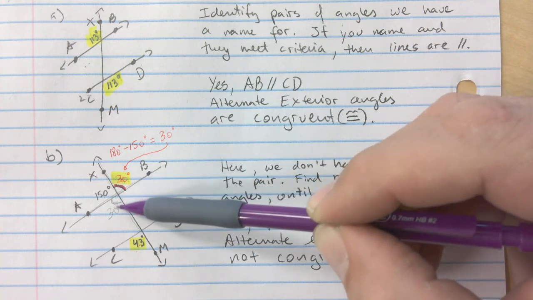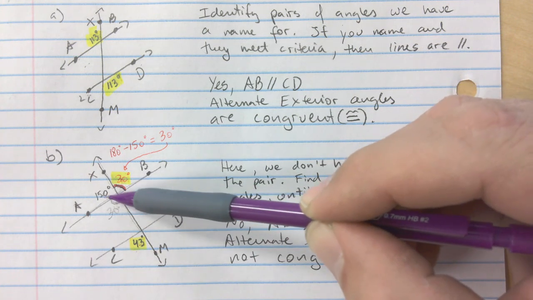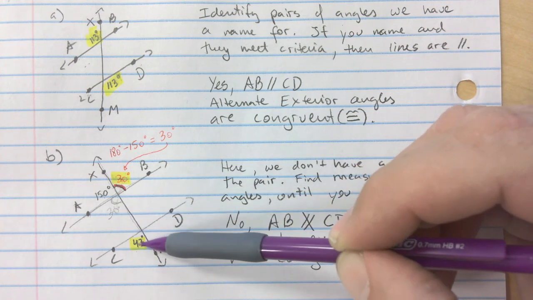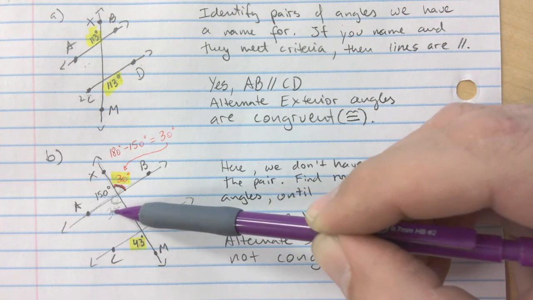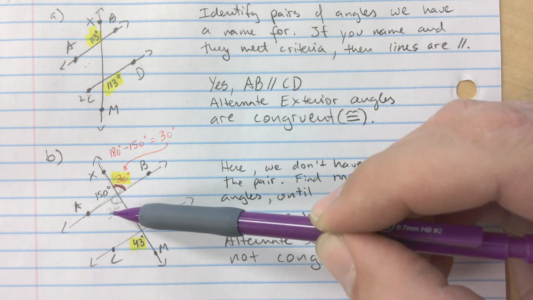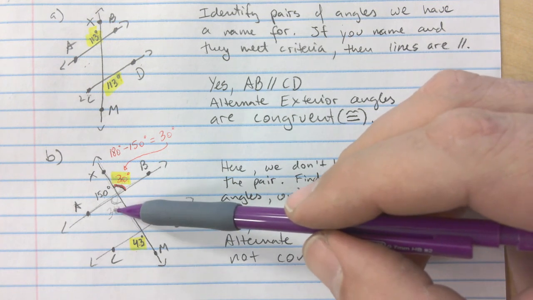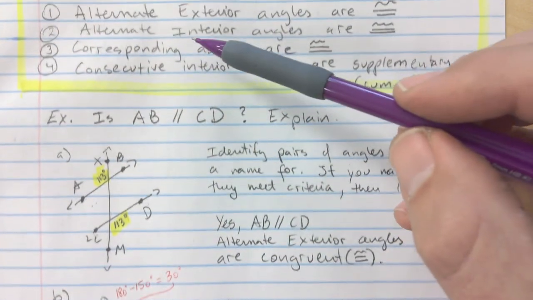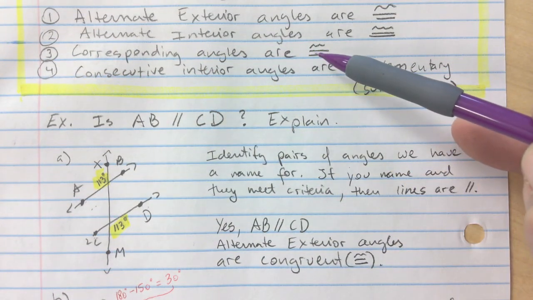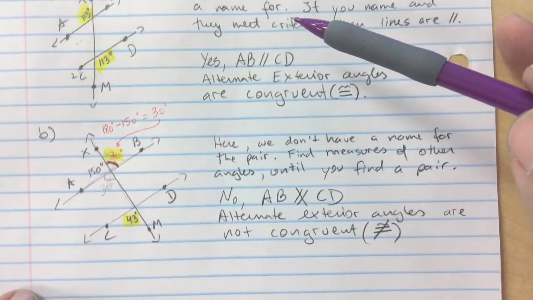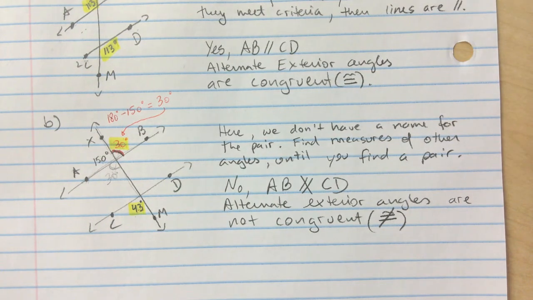So you could have used that property. But what do we call these two here? This is the complicated one that I gave you that long definition for, corresponding angles. Corresponding angles also would need to be congruent, but they are not. So regardless of which route you take, you will arrive at the same conclusion if you do it right.